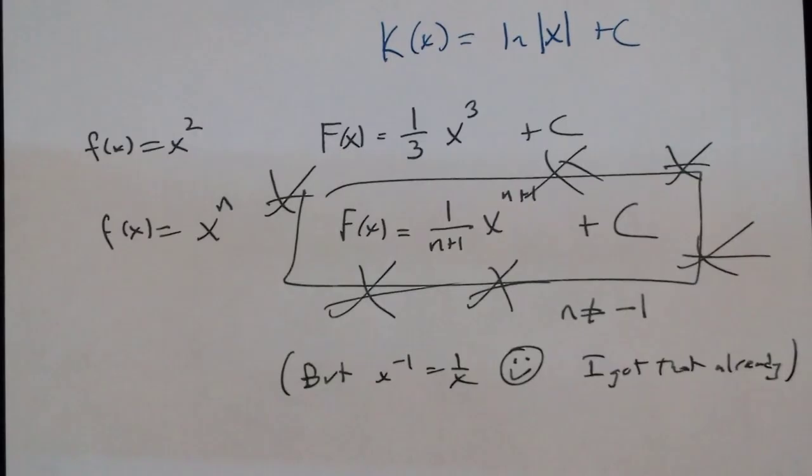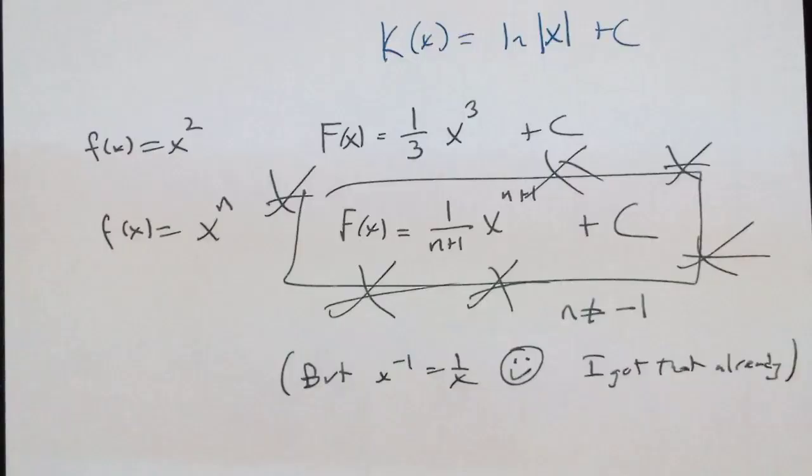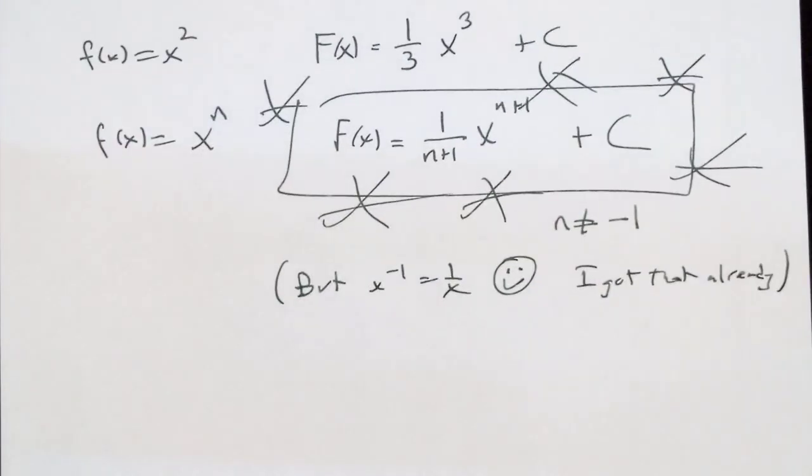By the way, this tells me something really deep and hiding in my polynomial behavior. This power rule idea, that's what we call it for derivatives, that's what we call it for antiderivatives. This power rule works except when the exponent is minus 1. And that's the one that gives me a logarithm. So there's something deeply connected between logarithms and powers, and I want to figure out what that is eventually. Not now.